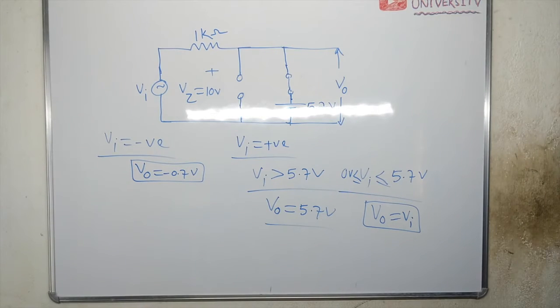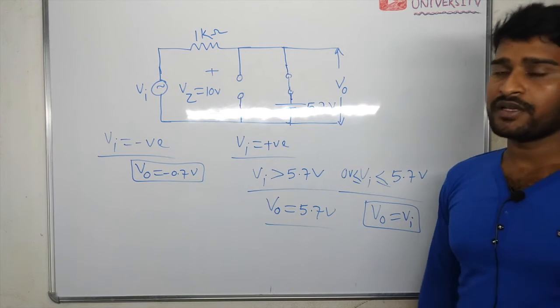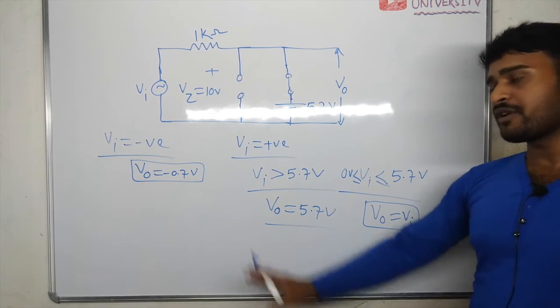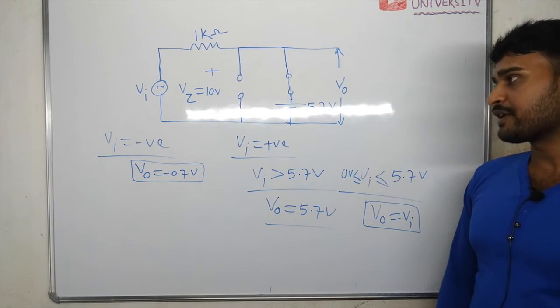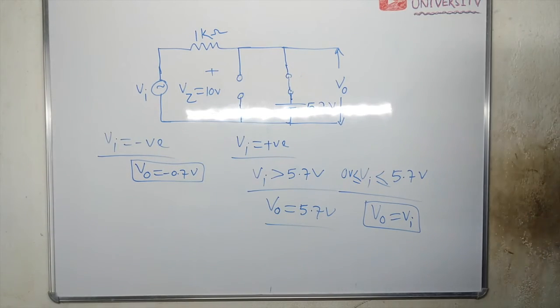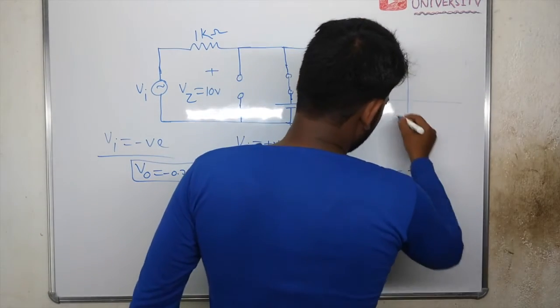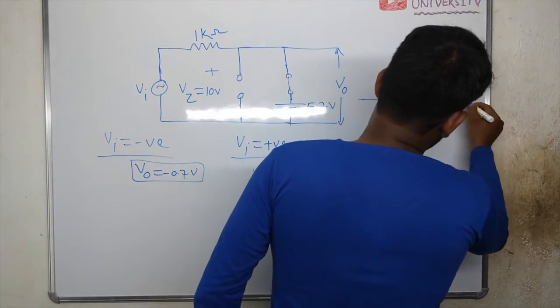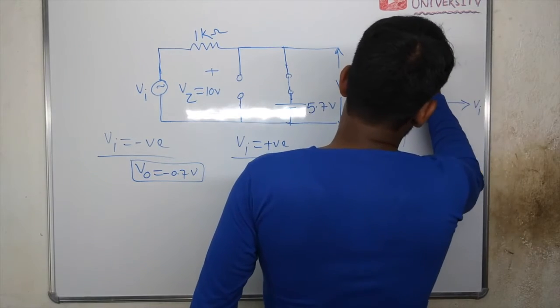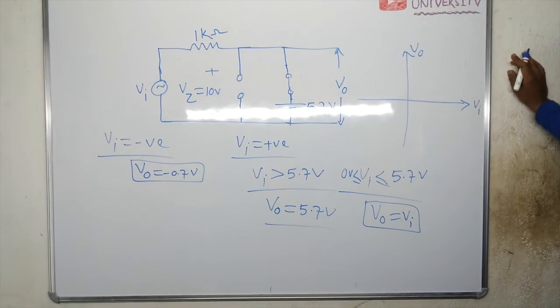For all values of input greater than 5.7 volt, the voltage across the Zener diode will be 5.7 volt. So from this you can plot the transfer characteristics, which is the graph obtained between the input voltage VA and output voltage V0. This graph between output voltage and input voltage is called the transfer characteristics.